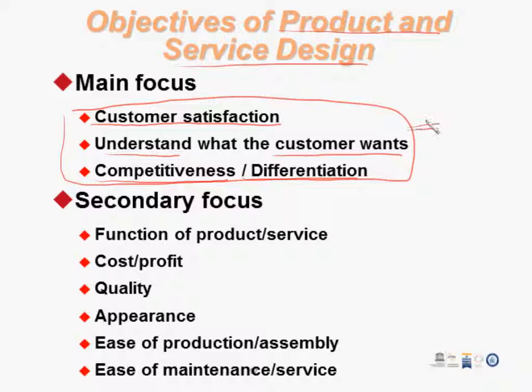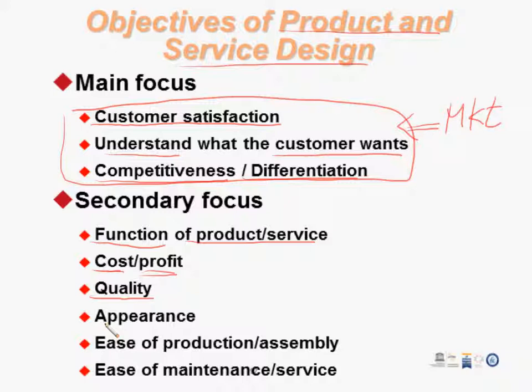And this terminology is a marketing terminology. This is a marketing point of view. Engineers think in this way. When you talk about product design, engineers are only thinking about what kind of function should be included in the product, what kind of function should be improved in the product or service, and also how to reduce our manufacturing cost, how to improve your profit, and also how to improve the quality.